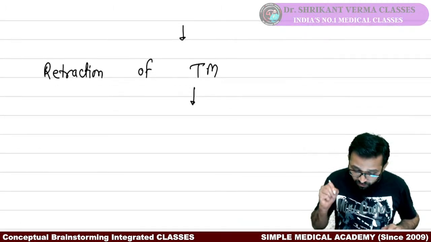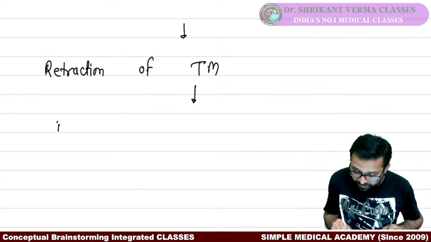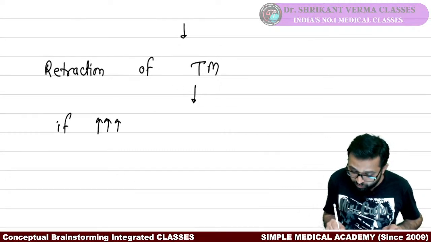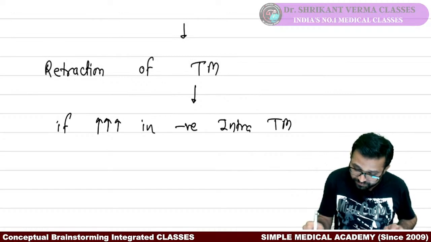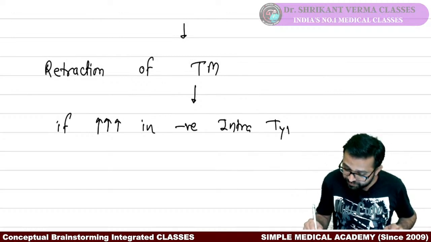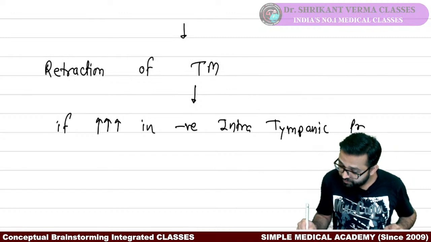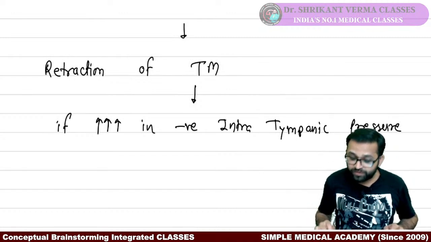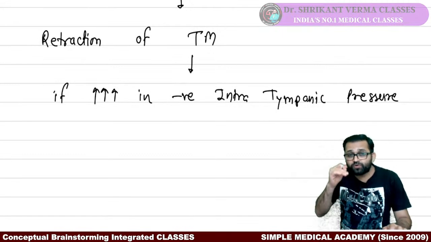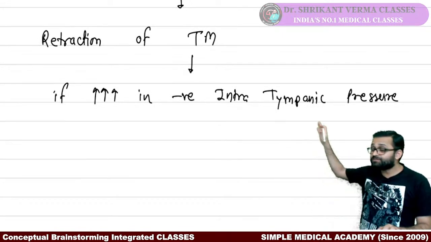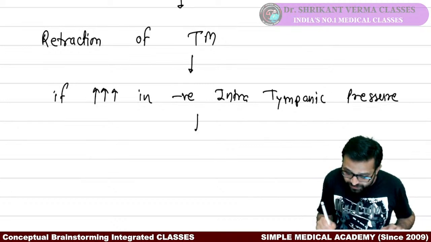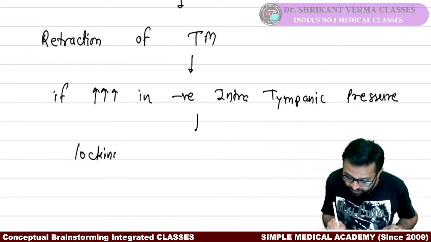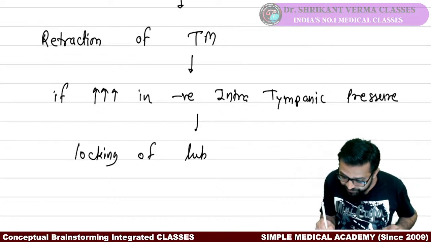Due to this retraction of the tympanic membrane, if there is more and more fall in the intratympanic pressure, or you can say an increase in negative intratympanic pressure, what you will see is locking of the tube.